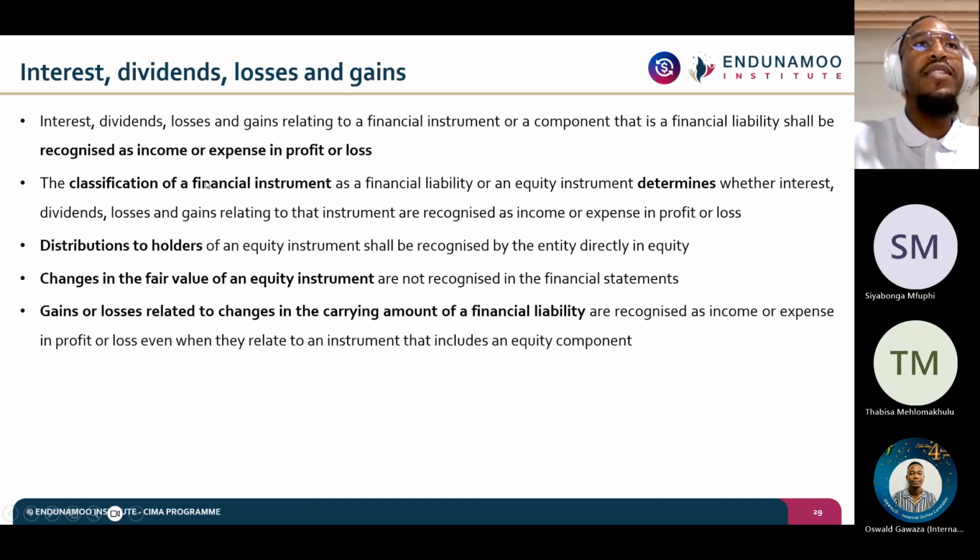The second bullet point says the classification of a financial instrument as a financial liability or an equity instrument determines whether interest, dividends, losses, or gains relating to that instrument are recognized as income or an expense in profit or loss. For instance, any distributions to holders of an equity instrument will be recognized directly in equity. And you have seen this happen time and time again, ladies and gentlemen.